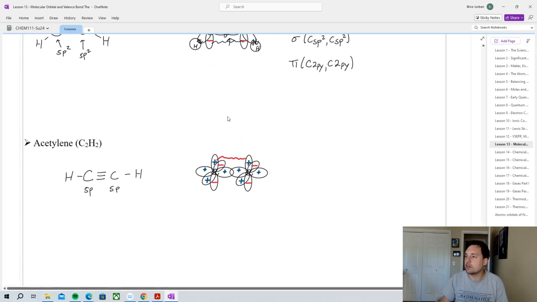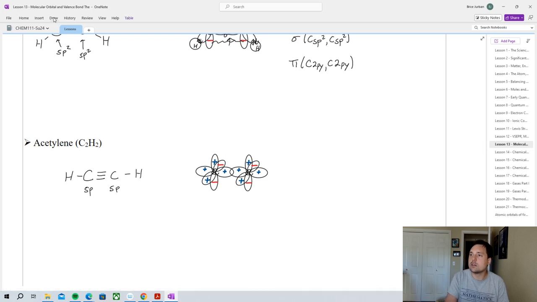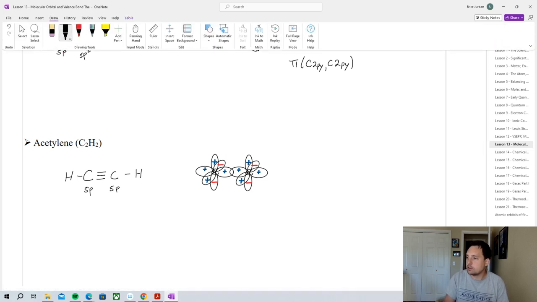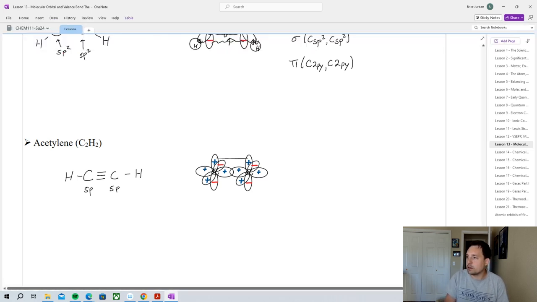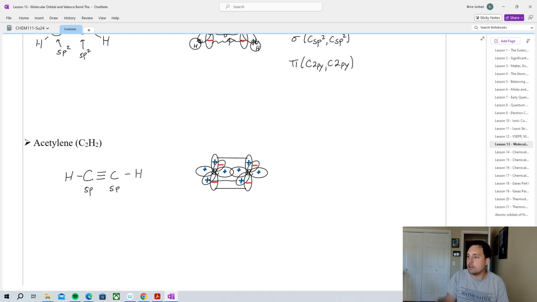how did I do up above? I just used black. All right, so we have the overlap here between the positive phase and the negative phase on the 2py orbital, just like above. But then we also have the overlap that occurs between the 2px positive and negative lobes.